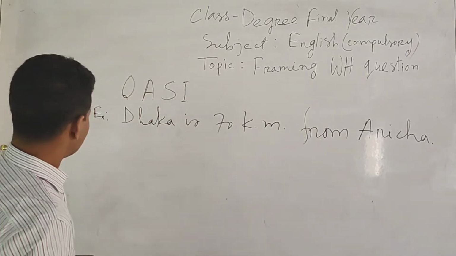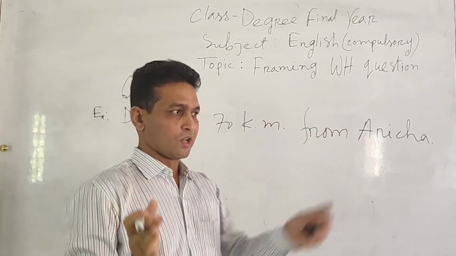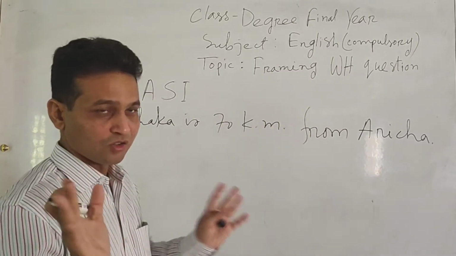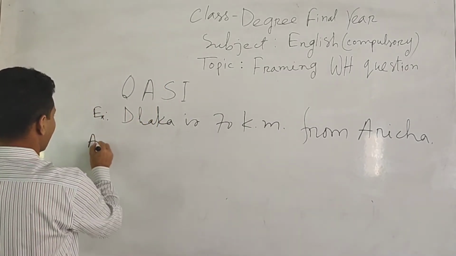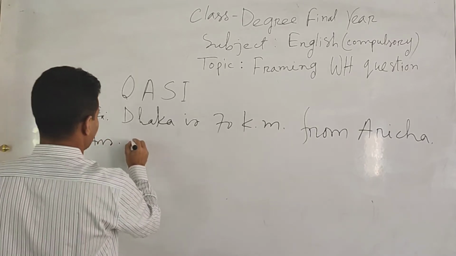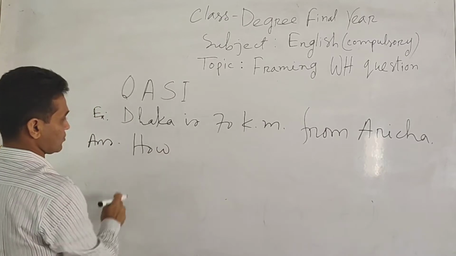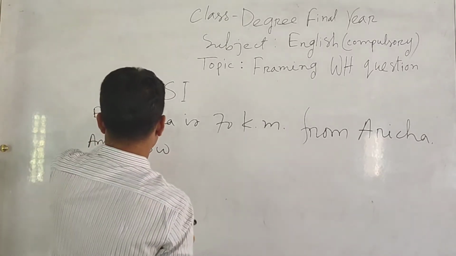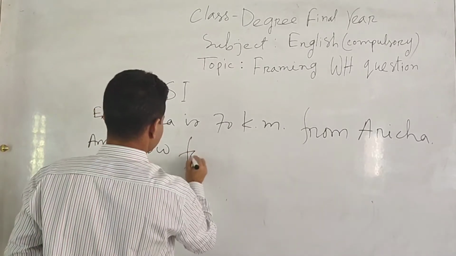Here, when we indicate a distance at the time of making WH question, we use how far. The answer here: how, the WH word, this question word. Next, auxiliary: how far.